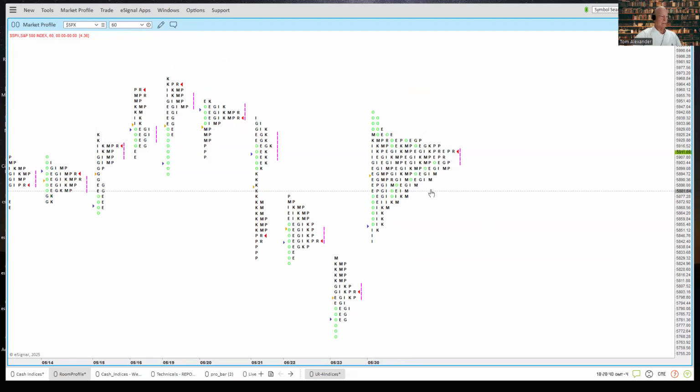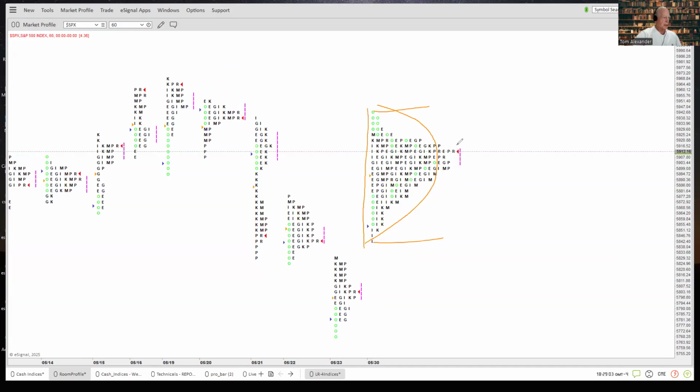This is that Gaussian shape that we all envision when we think about market profile. And you can see, we have the nice volume node pretty close to the midpoint of the range, up here at the upper and lower extreme of this distribution. A distribution is a range. This is where we closed on Friday.